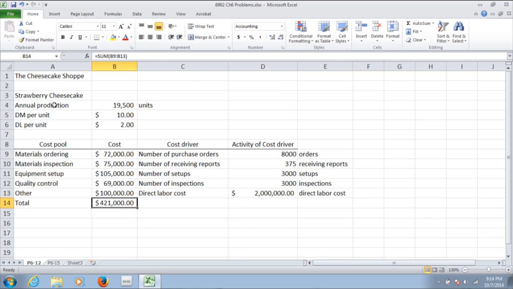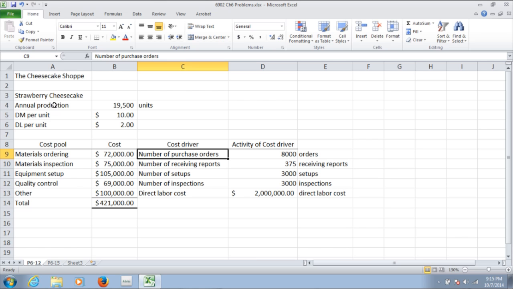So once we take the estimated total overhead, what the Cheesecake Shop has done is split that into 5 different activity pools, as we see here: materials ordering, materials inspection, equipment setup, quality control, and other. And in each of these activities, it has associated a cost driver that it believes is influencing that portion of the overhead costs.